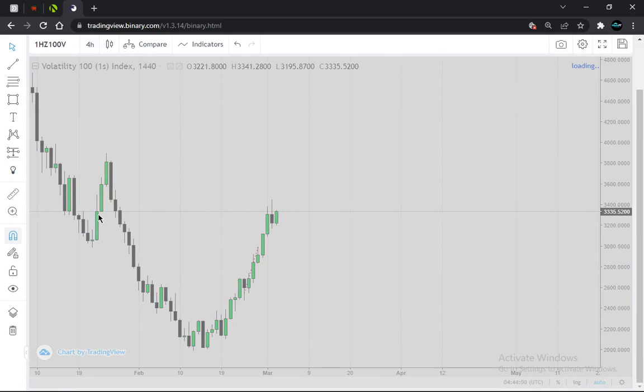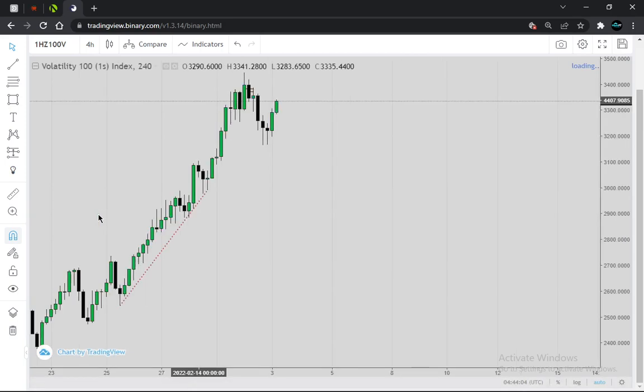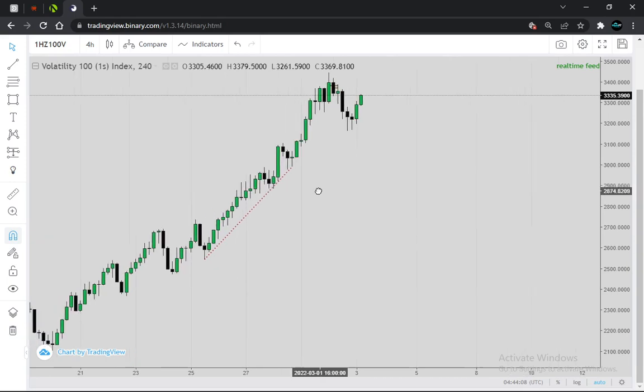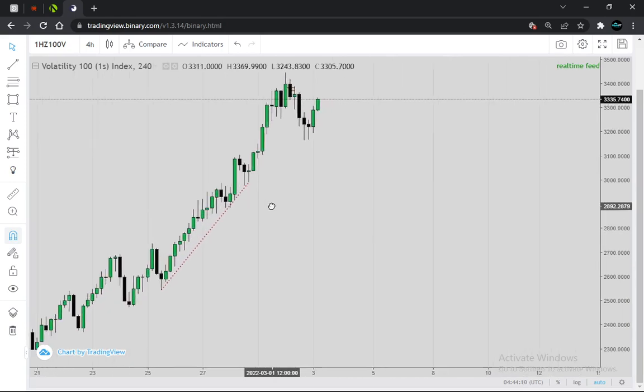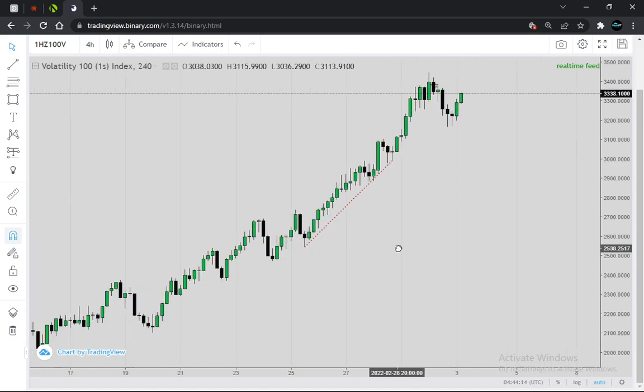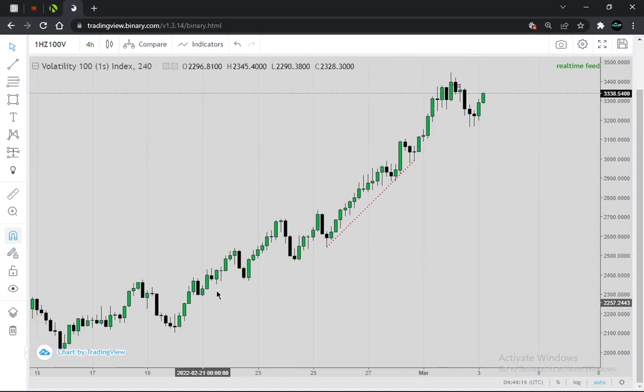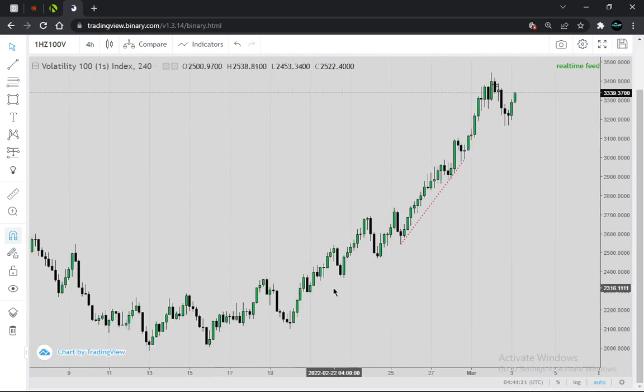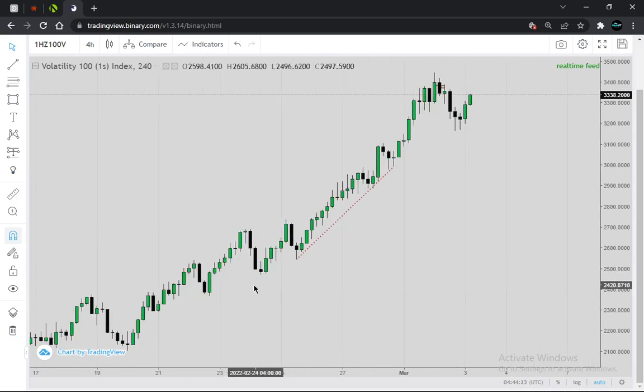I look for possible buys. Okay, looking for possible buy setups. Like now, this is what I have here. You can see all the gaps have been filled except something here. All the gaps here are filled.